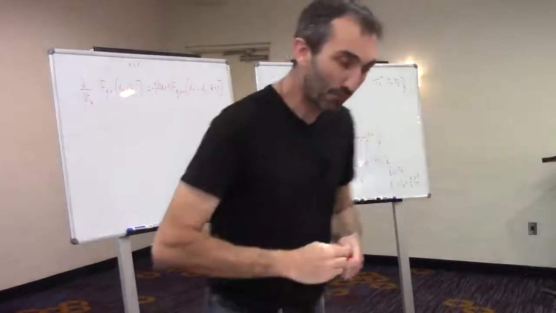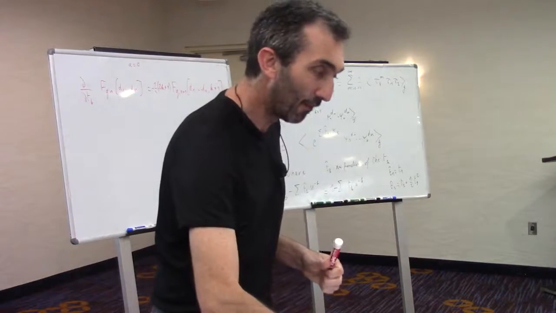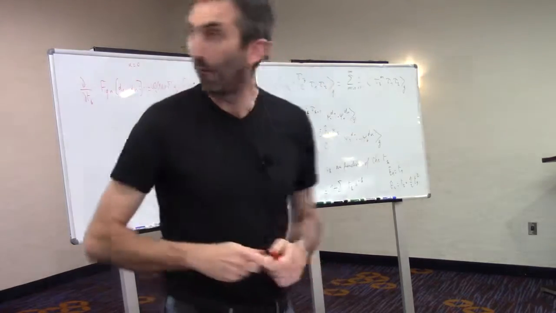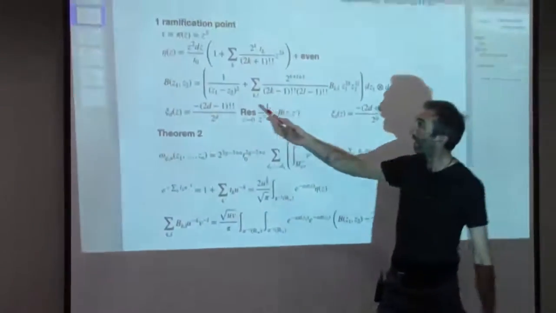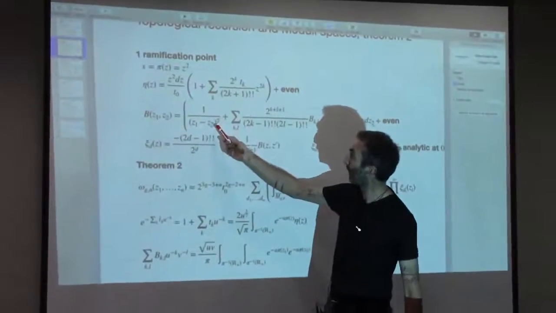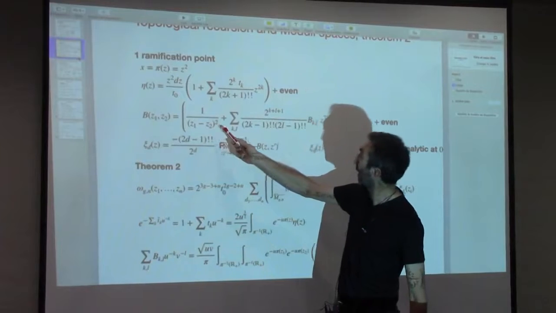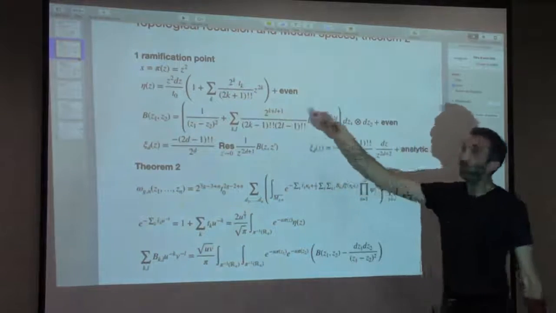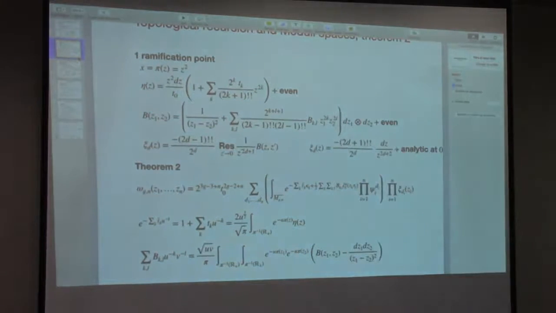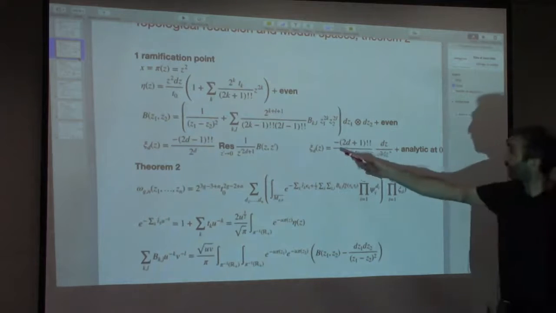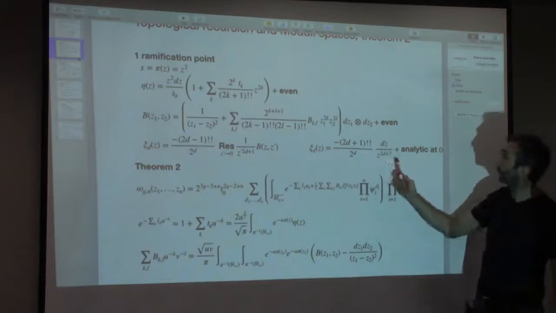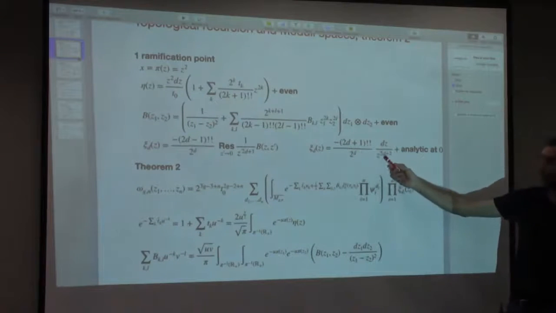Now let me move to a more complicated case, which is to turn on the Taylor expansion of B. So now we don't take any more B equals 1 over (Z1 minus Z2) squared, but we add a full Taylor expansion to it. Now the Xi's are no longer just exactly this rational fraction.